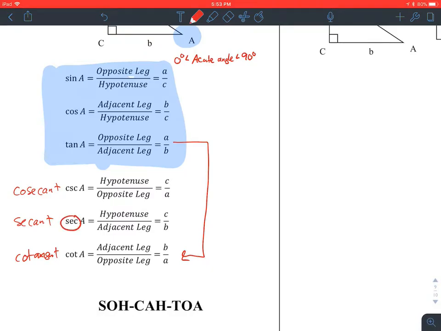Secant, the last letters, C and S, backwards, is the same letters backwards for cosine. Cosine has a C at the beginning, S at the end. Secant, S at the beginning, C at the end. And then sine and cosecant, they're the only two that are left. Kind of lame, but that's how I got it going on.